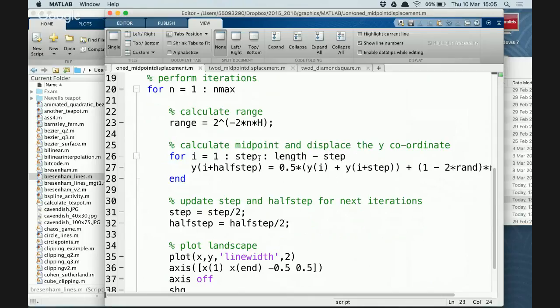If I just use the activity as an example, that's my first x coordinate, that's my last x coordinate, and to start with, my step is 32. So we've only got 2 points. Half step will be 16. So that will give me my x coordinate.